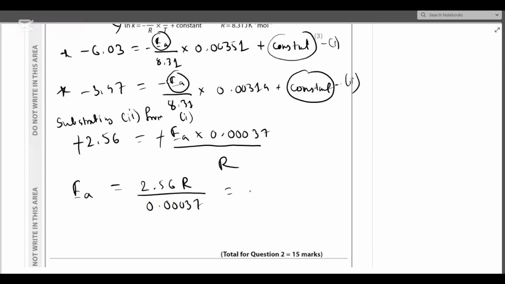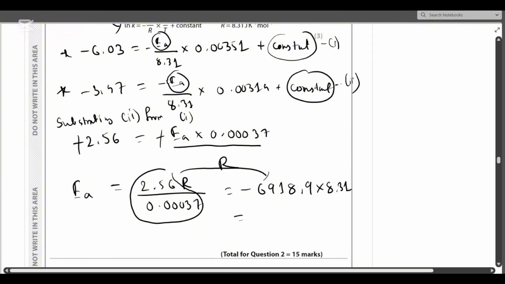Eventually the value that you get is about negative 6918.9 Kelvin. If you then multiply it with R, 8.31, the final answer is about 57,497 joules per mole.